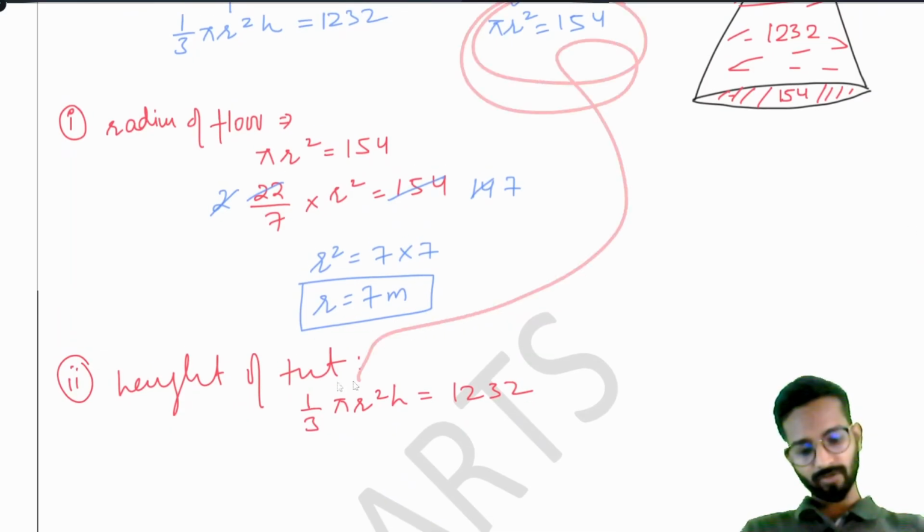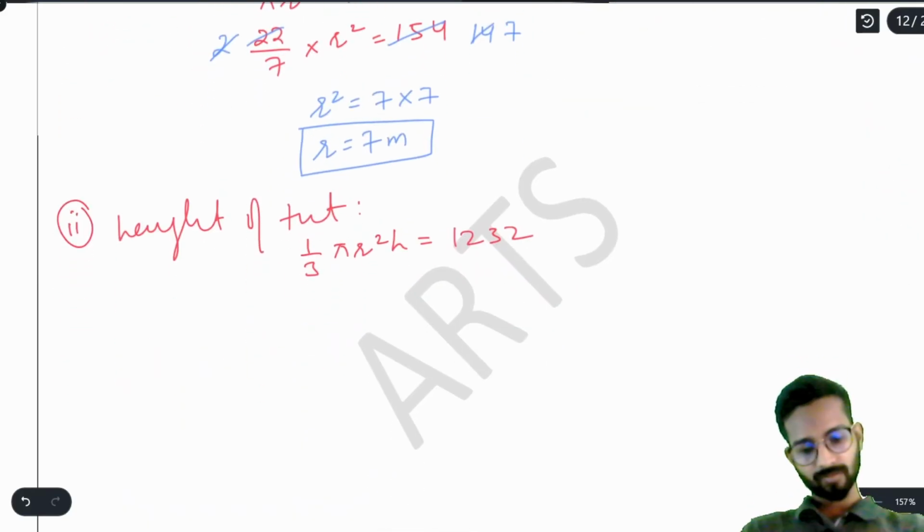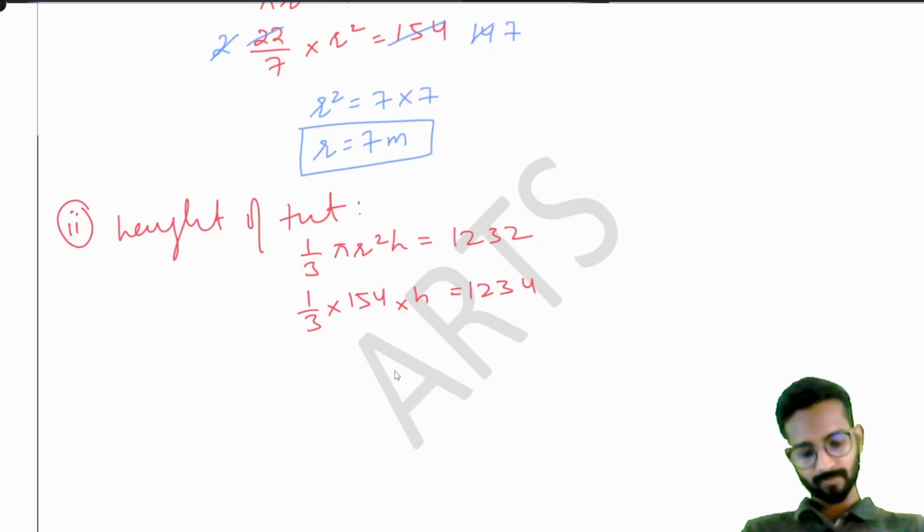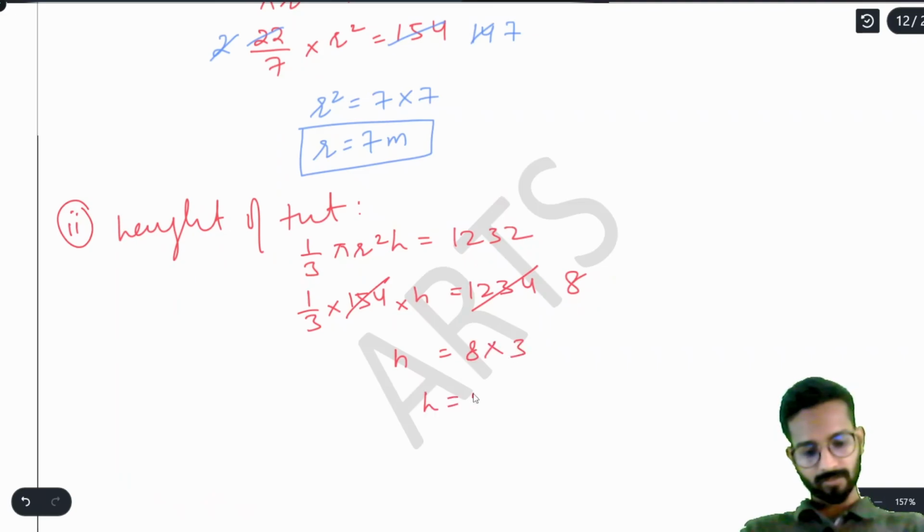I can put that value here. So 1 by 3 into 154 into height will be 1232. Simple. Now height will be 8 into 3, that is 24. So 24 meters is your height.